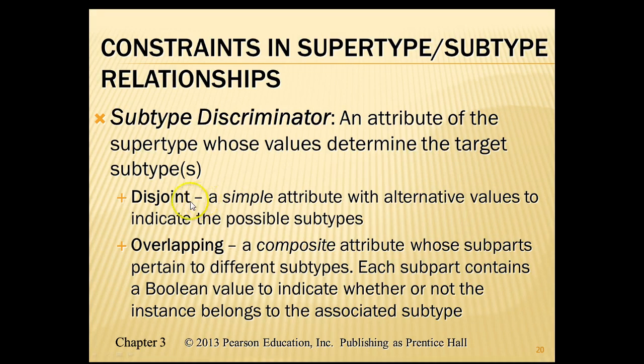So the disjoint is basically a simple attribute with alternating values to indicate the possible subtypes, and we'll take a look at that here in just a second. Whereas the overlapping is a composite attribute containing Boolean values that identify which subtype or subtypes will be included in that relationship.